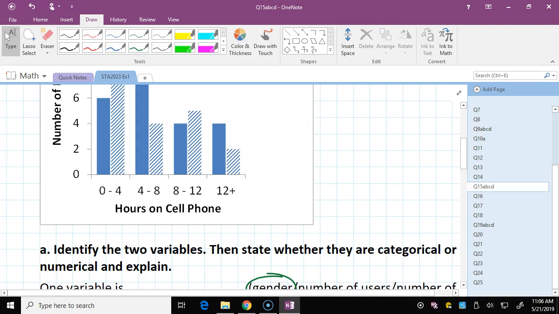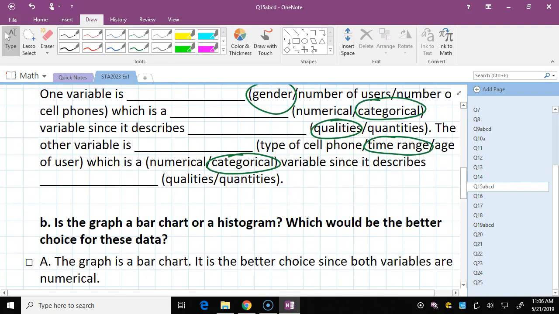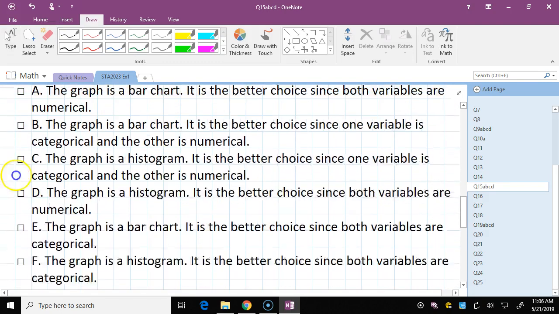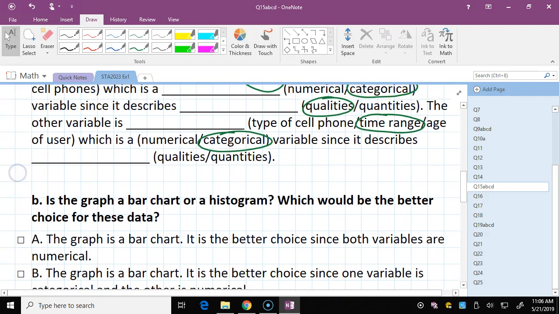But we kind of categorized you as either you have a garage or you don't. Make sense? So that second question is one that you watch out for, because this is definitely categorical, since we had groups that you put yourself into.